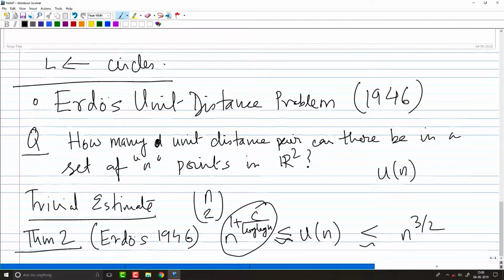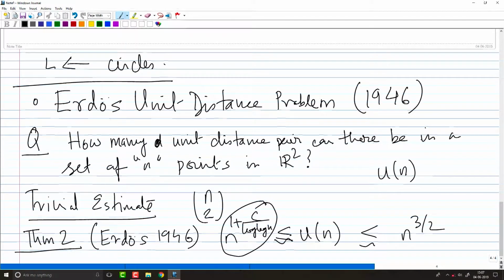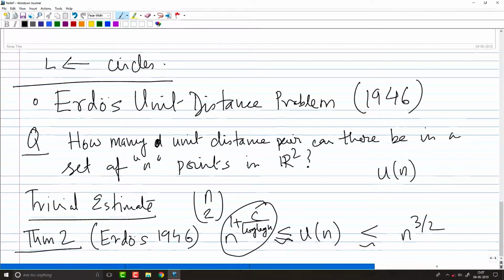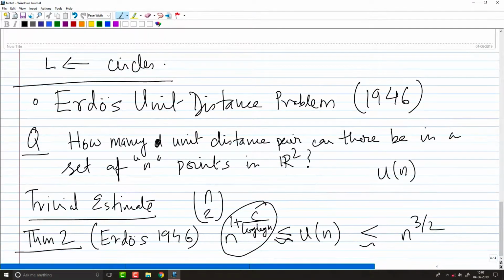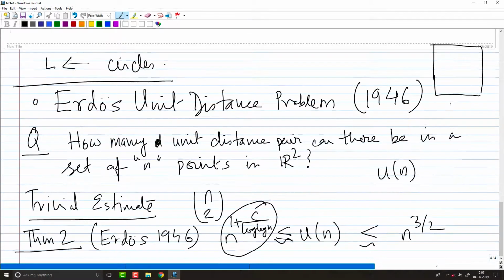You can obviously, if you take n random points, let's say in a box which is 10 cross 10, how many unit distance pairs can you get? It will actually be 0. It's not that hard to prove also. Let's say the box is 100 cross 100, and I take n random points.